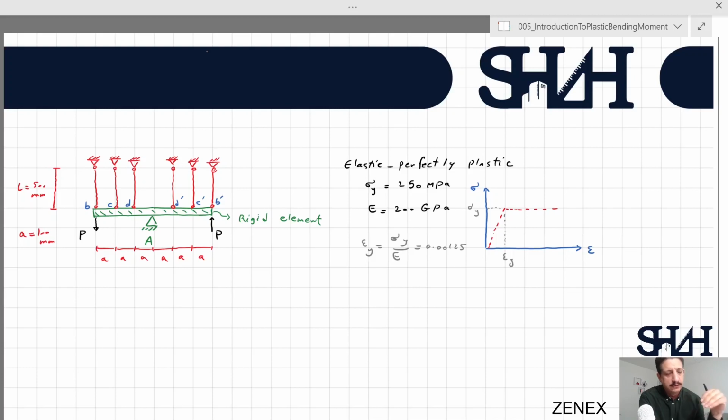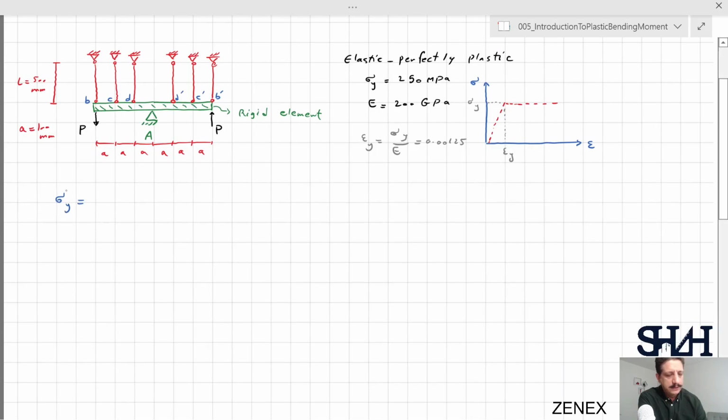As far as the horizontal element is rigid, when it starts to rotate about point A, it will not be distorted. As a result, we can use the proportional displacement of element B, C, D and B prime, C prime, D prime. So first of all, let's calculate some basic requirements.